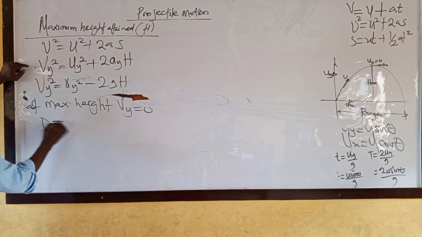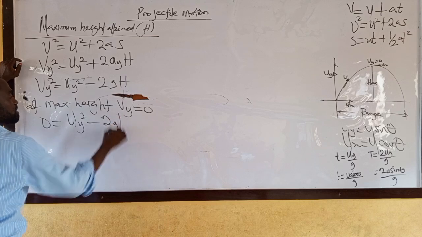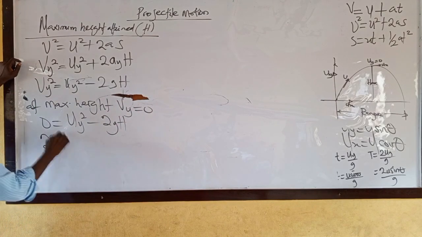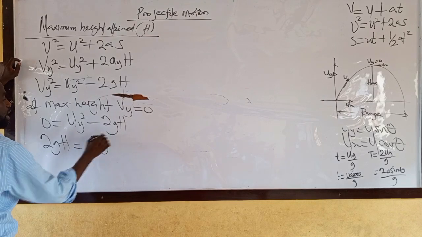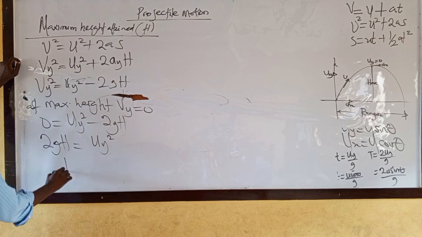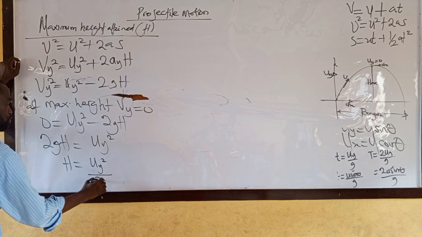So 0 equals u of y squared minus 2gh. This one will come over here, so we have 2gh equals u of y squared. So we have our h equals u of y squared all over 2g.